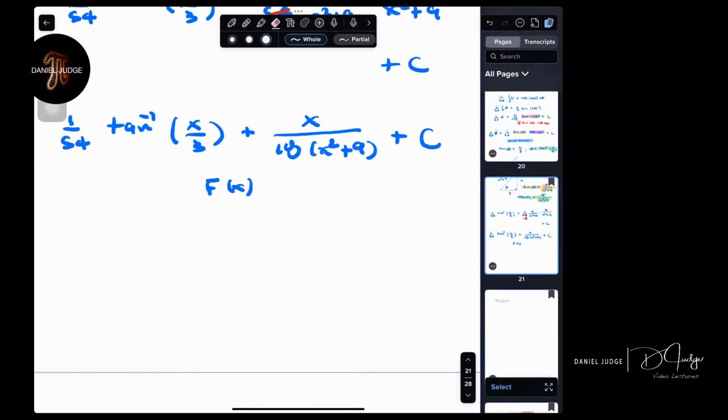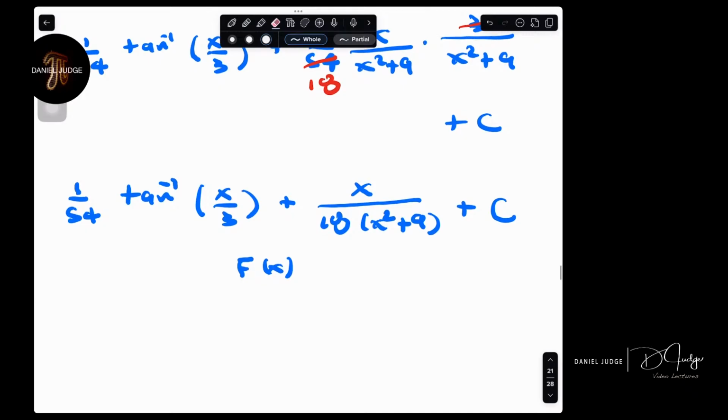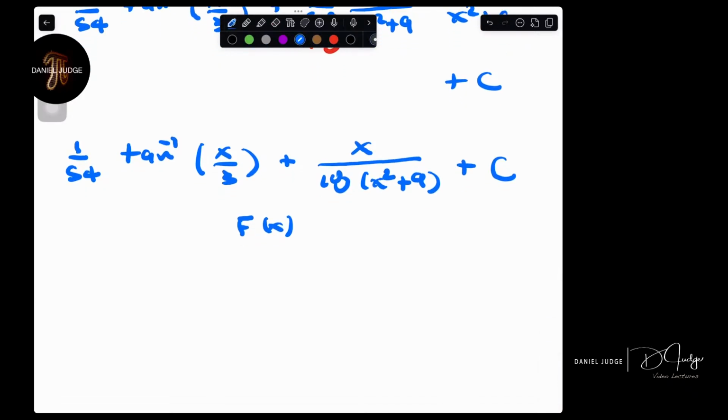So we have some arithmetic to do. We need F of 1 minus F of 0.